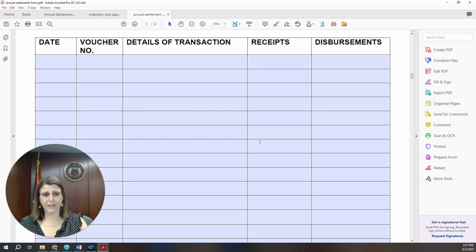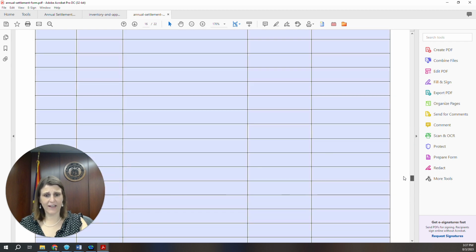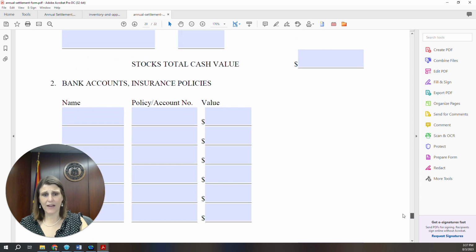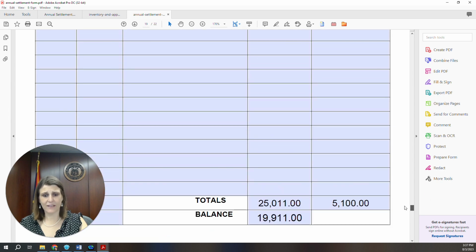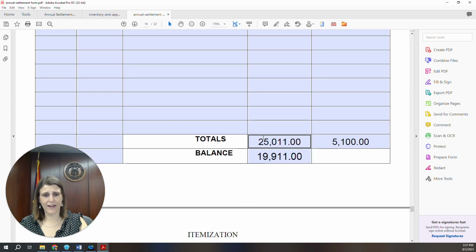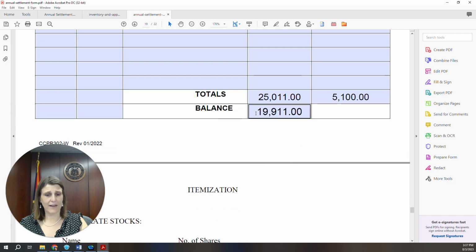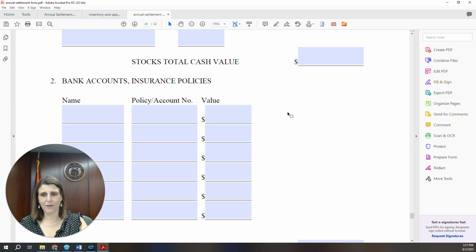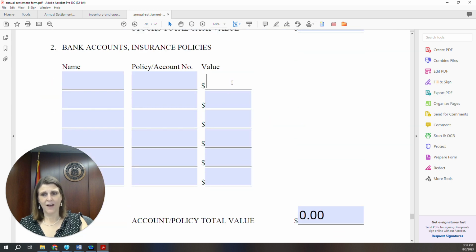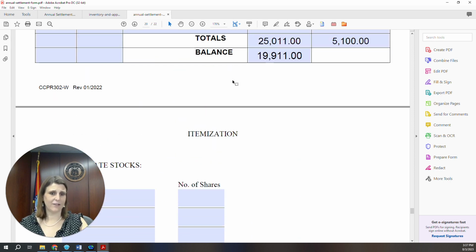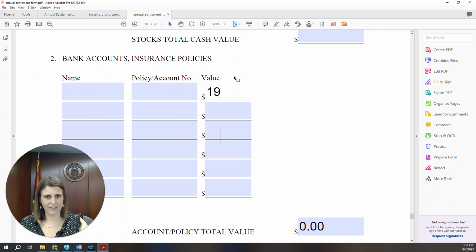Now, it's really important once you are filling out your recap, that recap should match the amount that is your final balance, okay? So your bank statement should show an ending balance of $19,911. That means down here, whenever I'm typing in the bank account, it should be $19,911, okay?